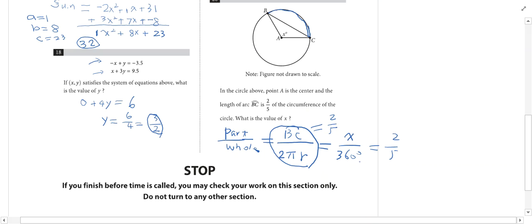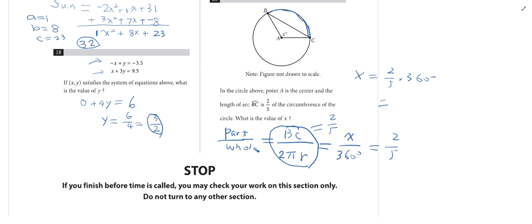And then you cross multiply. All you need to do is multiply both sides by 360. So you get x equals 2/5 times 360 degrees. Let's do the calculation: 2 times 360 divided by 5, you get 144.